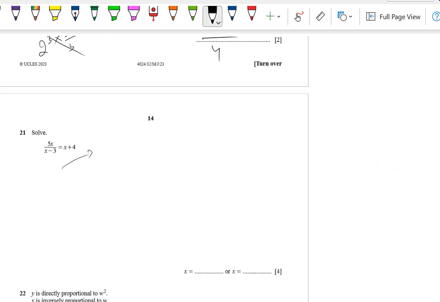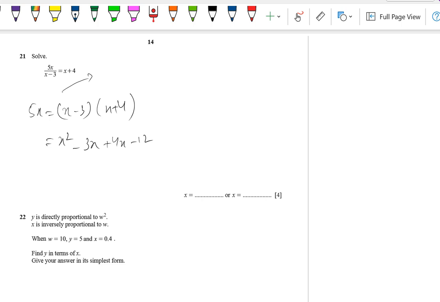Cross multiply: x minus 3 into x plus 4, x square minus 3x plus 4x minus 12.